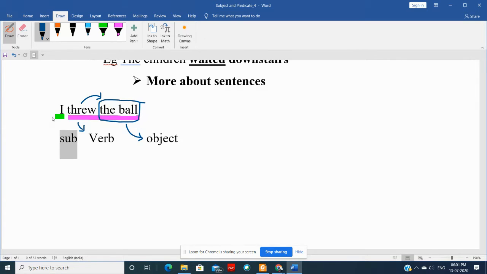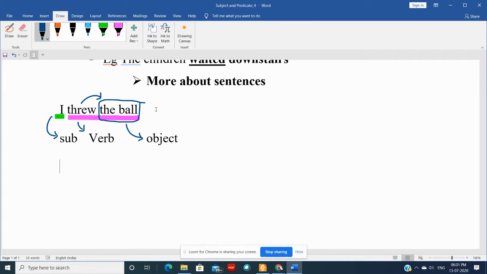All right, so this is how it is. I is your subject. Threw the ball is completely your predicate. In that predicate, threw is your verb, and when you ask question to the verb, threw what? You get the answer, the ball. So the ball is your object. Okay. So this is how you can say that in predicate also there are different parts.